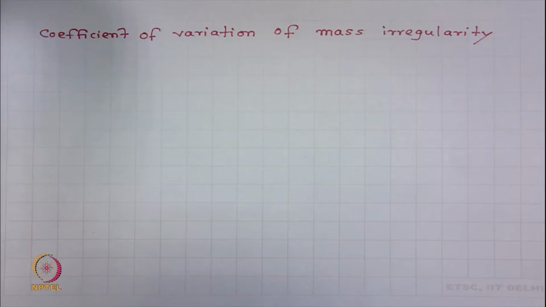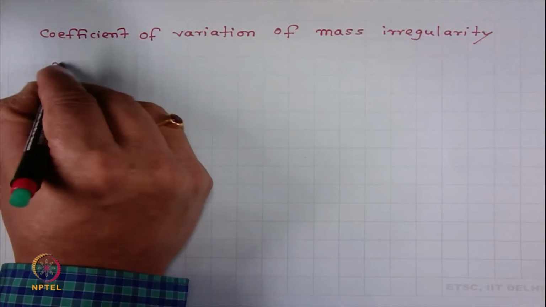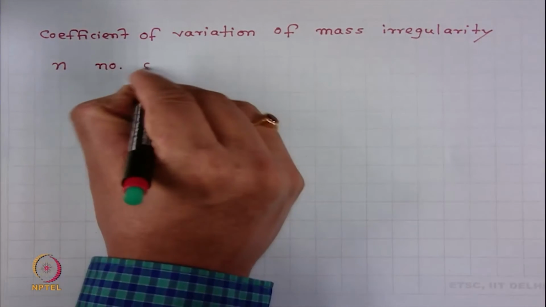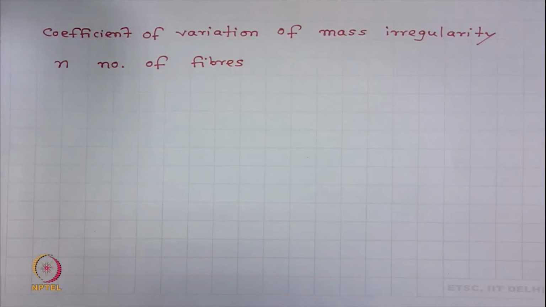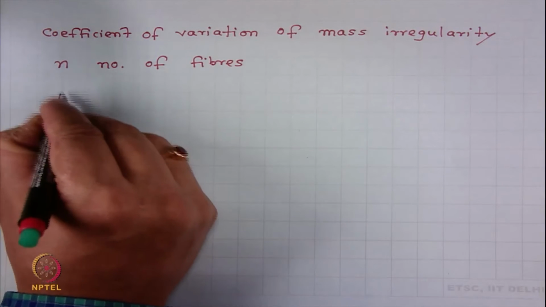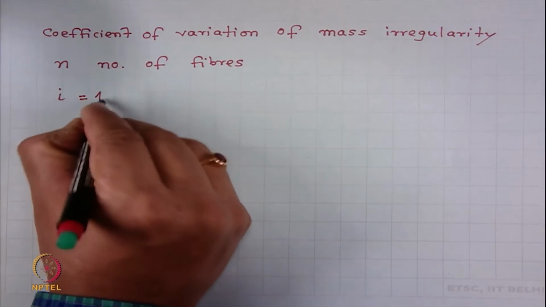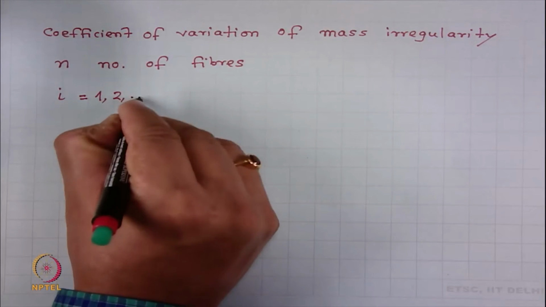There are small n number of fibers present. We denote each fiber by a subscript i, where i goes up to n.